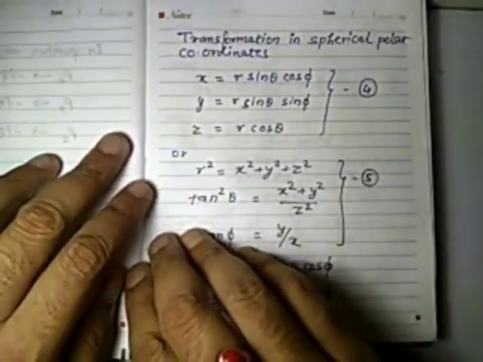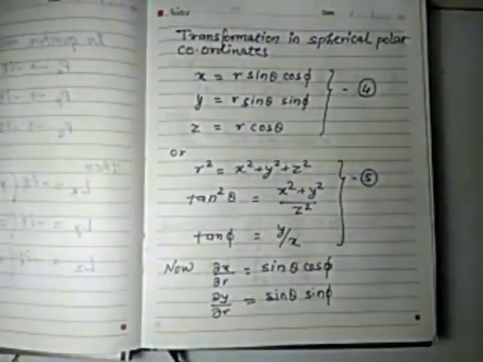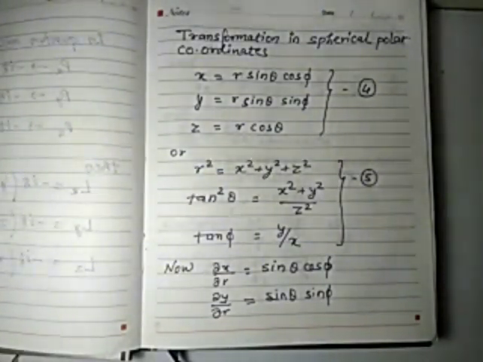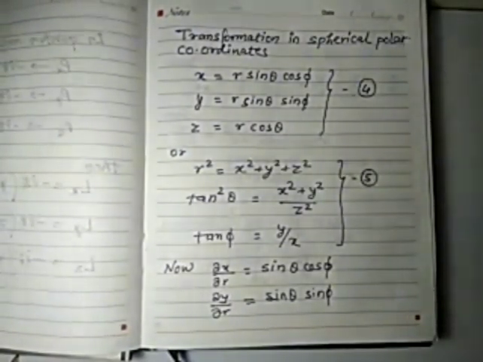Now, to transform these angular momentum operators into spherical polar coordinates, we use the transformation equations x = r sin θ cos φ, y = r sin θ sin φ, and z = r cos θ.